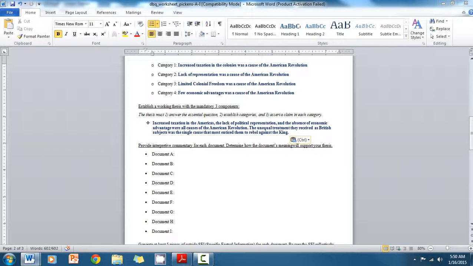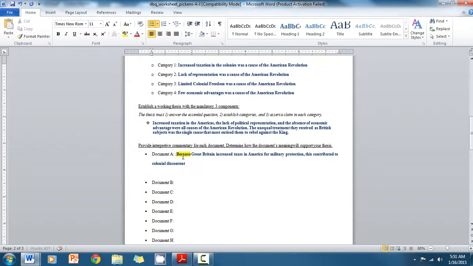The word because oftentimes is displayed in the interpretive commentary part. And so document A, because Great Britain increased taxes in America for military protection, this contributed to colonial discontent. Here you notice using the word because, you're referencing something specific in the document, and then you're linking it to your primary argument in your thesis, which is there is colonial discontent.